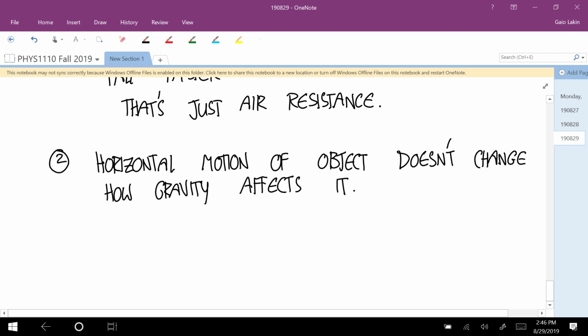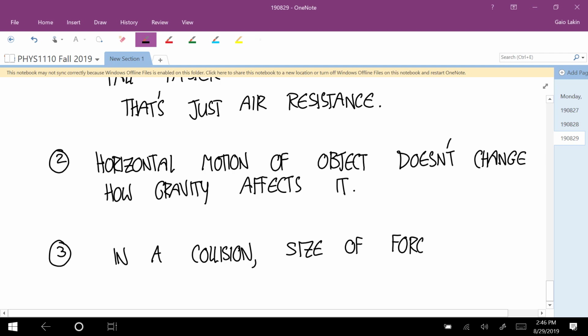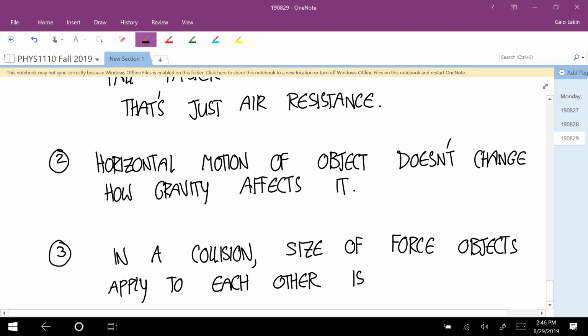Okay, here's the third one. When two objects collide with each other, so in a collision, the size of the force that the objects apply to each other is always exactly the same.